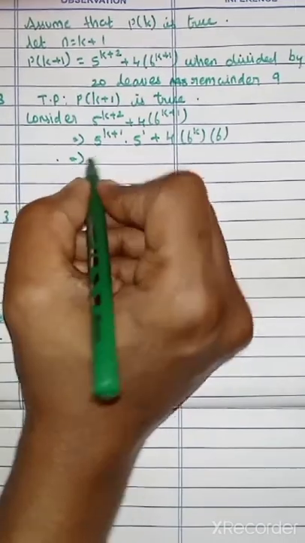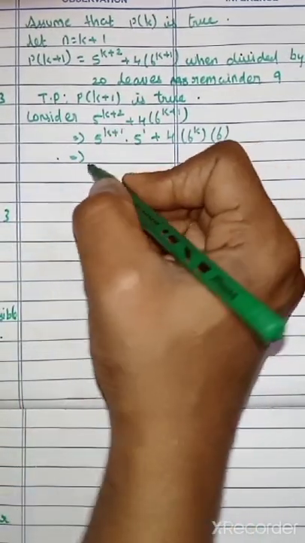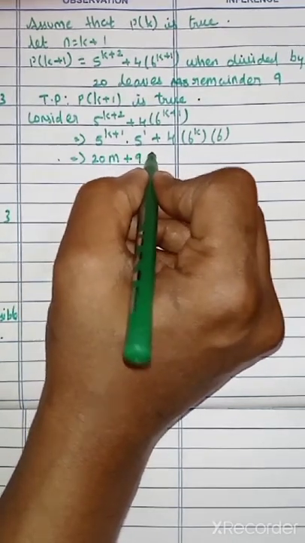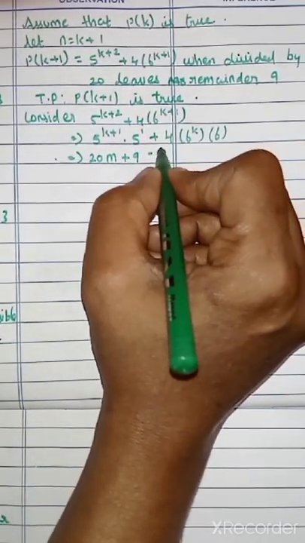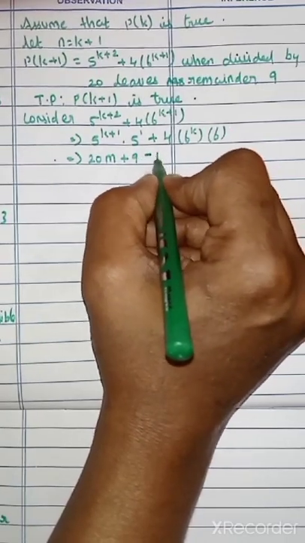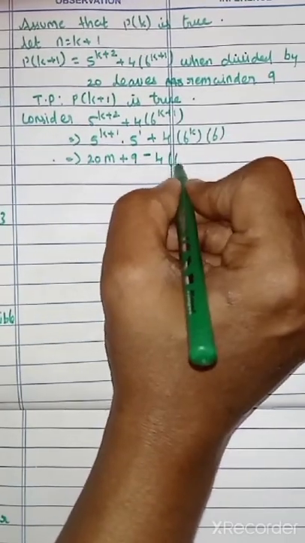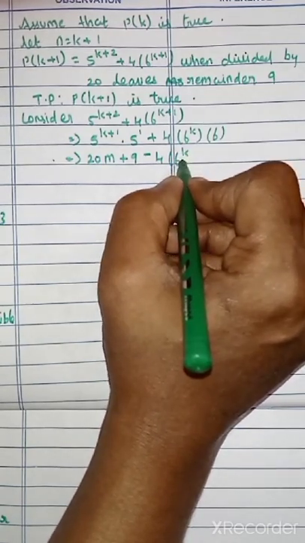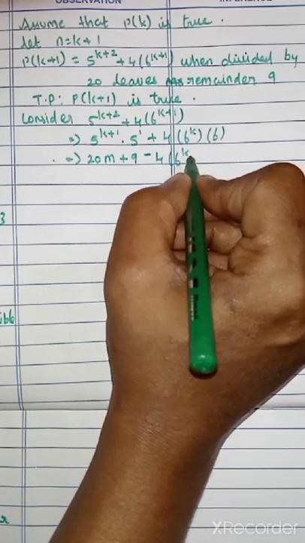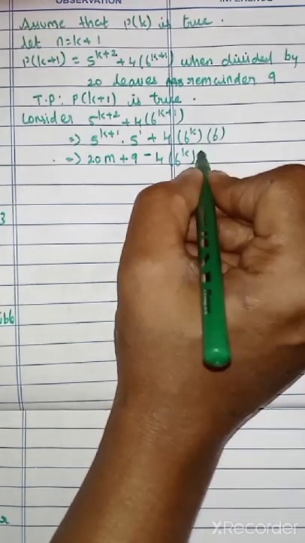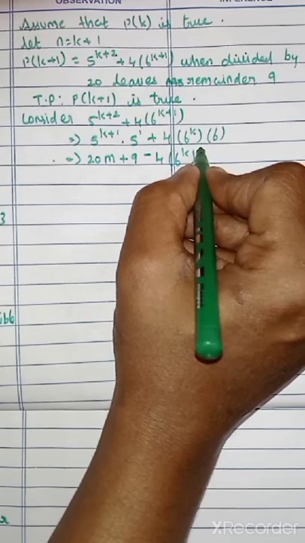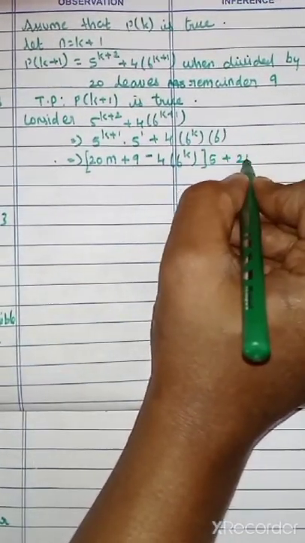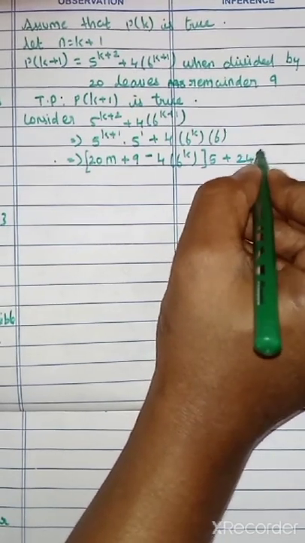Again, instead of 5 power k plus 1, what can we take? 20m plus 9 minus 4 into 6 power k, into 5, plus 6 4s are 24, 6 power k.